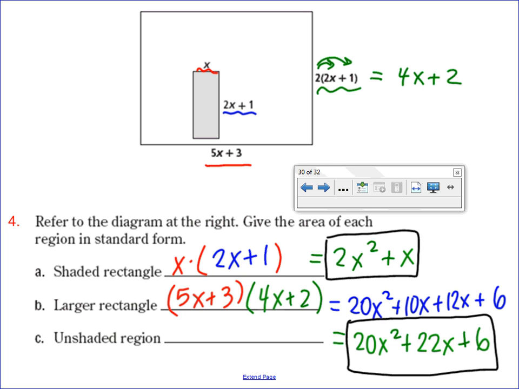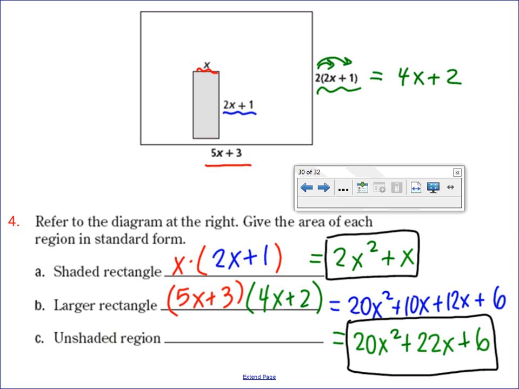You would subtract the shaded rectangle from the larger rectangle. Go ahead and share with the class what you do procedurally to get an expression for the unshaded region. Ellen? You would subtract the shaded rectangle from the larger rectangle.